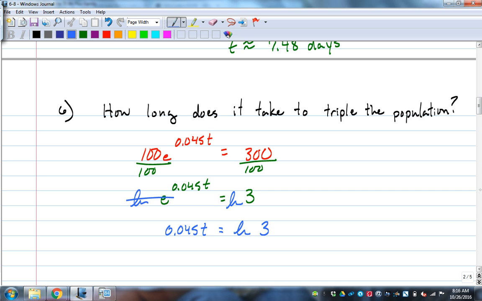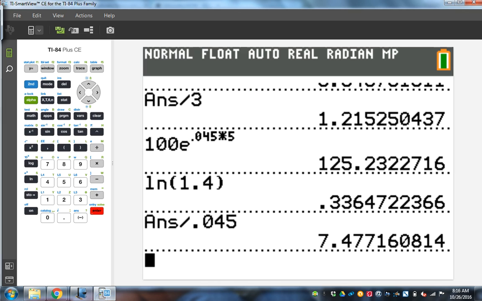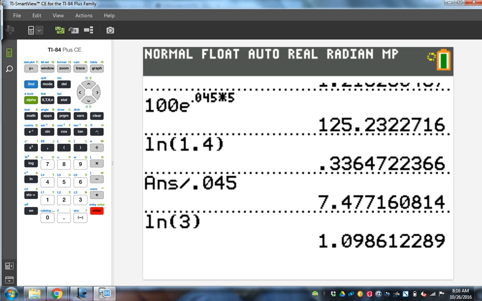Natural log of 3 divided by 0.045. How much time does that take? 24.41.